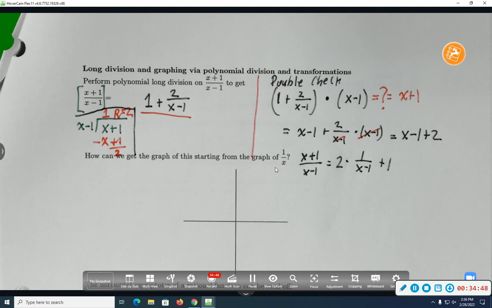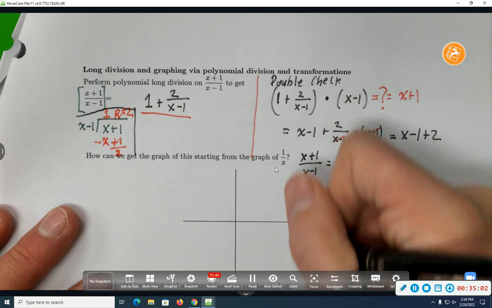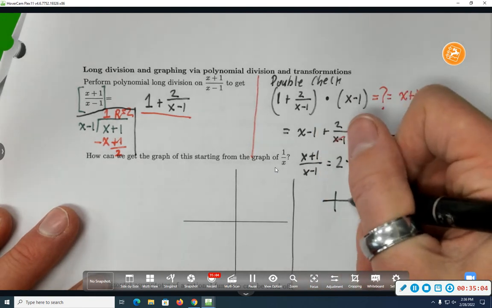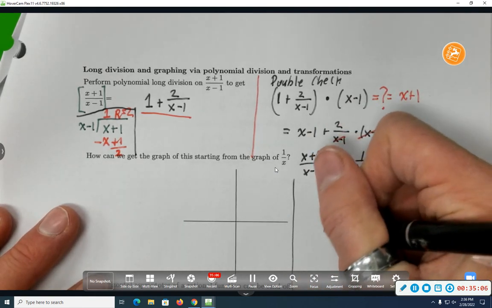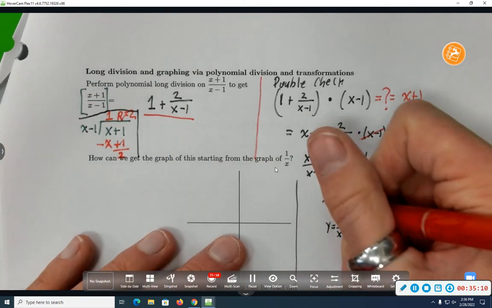But now, does this just look like a stretched and shifted copy of 1 over x? Yeah, and I know what the graph of 1 over x looks like. 1 over x, we've drawn it a few times. So let's try to do this by starting with 1 over x. So let's start with y equals 1 over x. There's its graph.